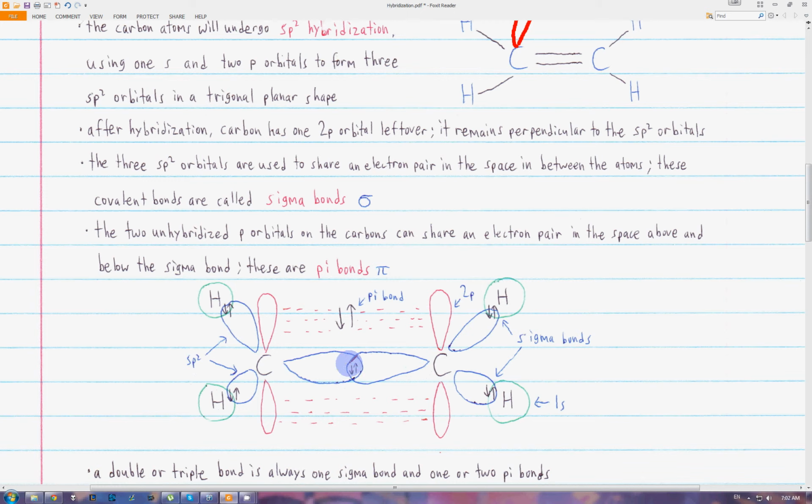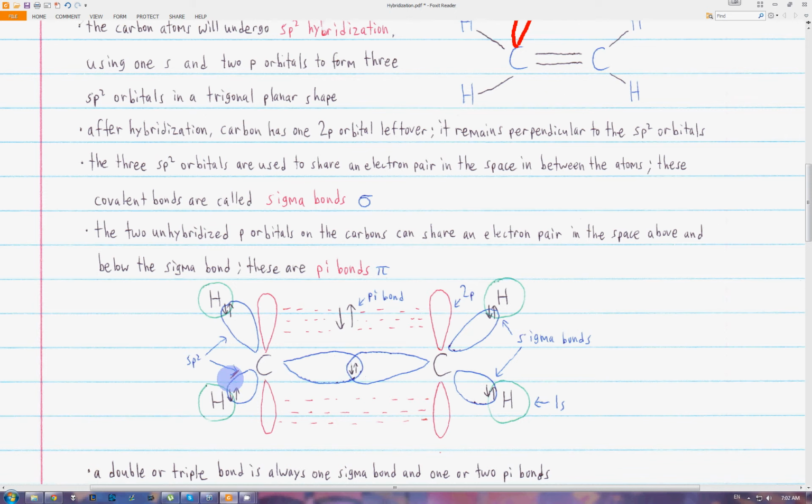So when we have an electron pair being shared in the space between the atoms where these atomic orbitals overlap, as you can see here, these are called sigma bonds. And sigma bonds are the stronger type of covalent bond.